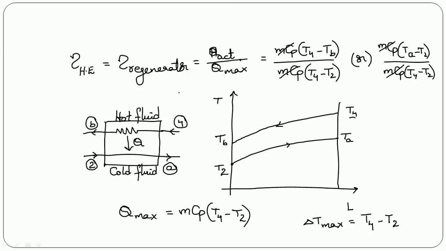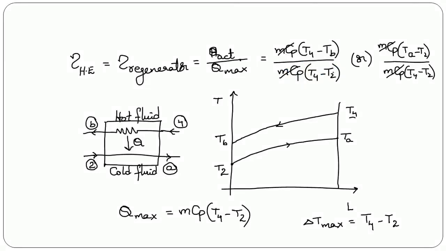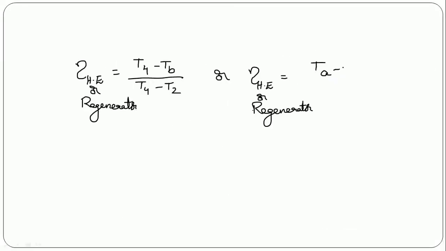So the regenerator efficiency or efficiency of the heat exchanger can be written as T4 minus TB by T4 minus T2, or this will be equal to TA minus T2 by T4 minus T2.